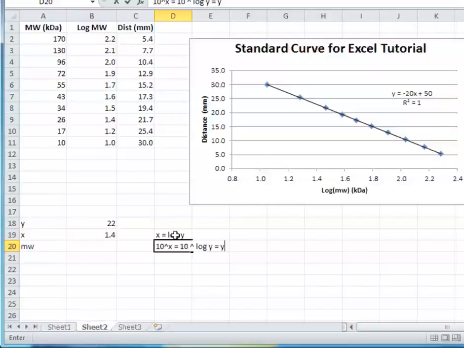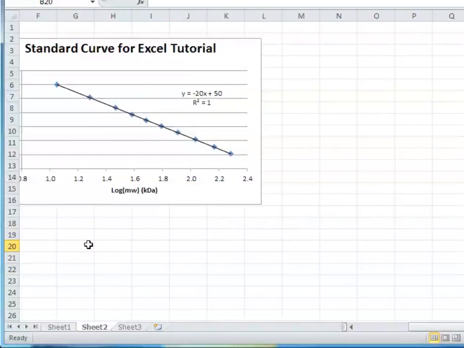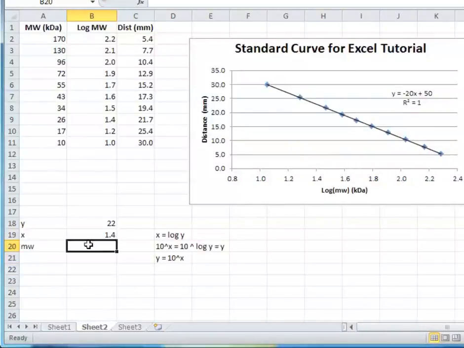What does this mean? This means that y equals 10 raised to the x power. So 10 to the x power is y. If we come back over here, we can then calculate the molecular weight.